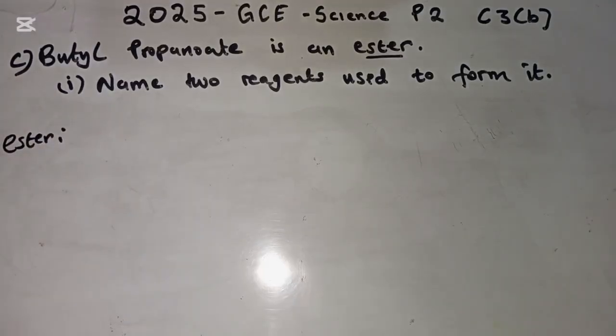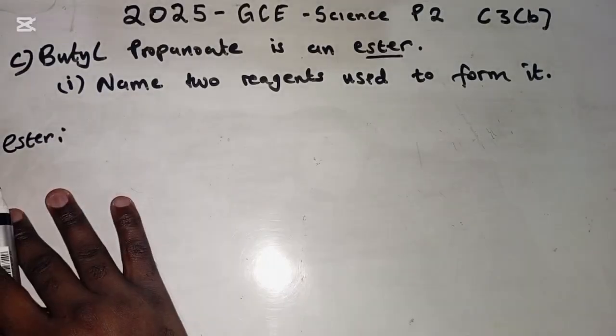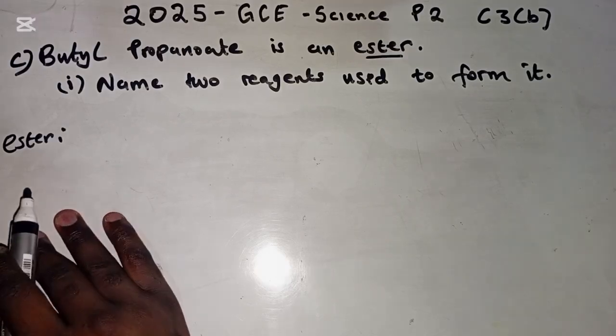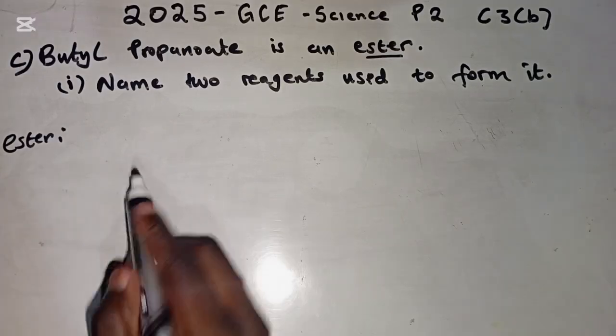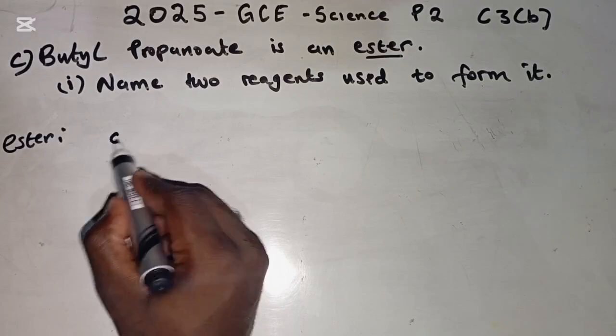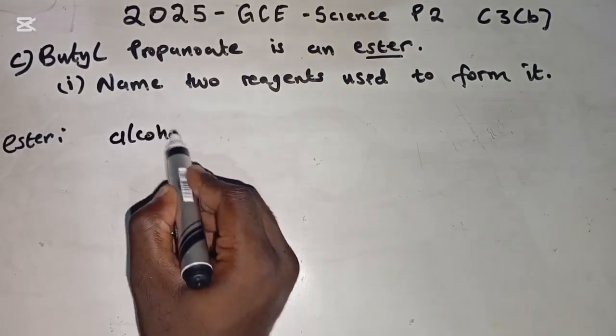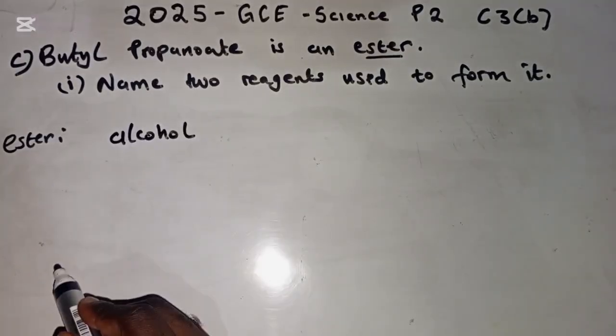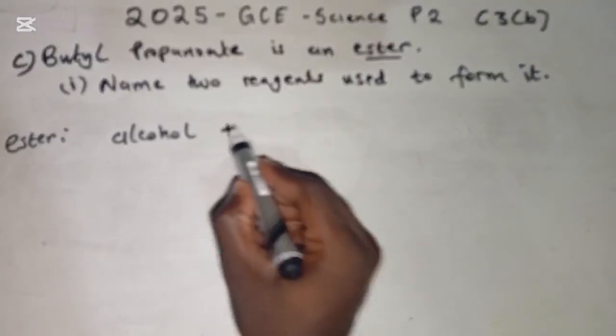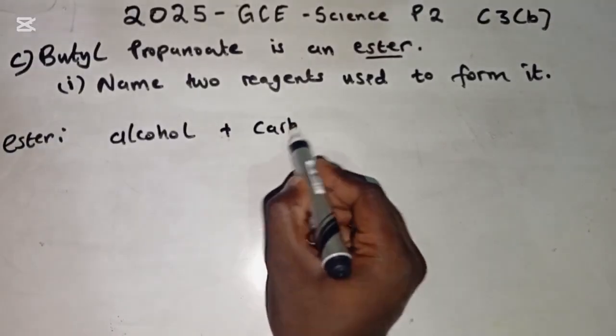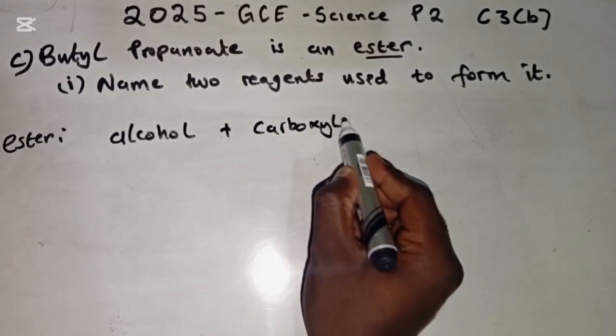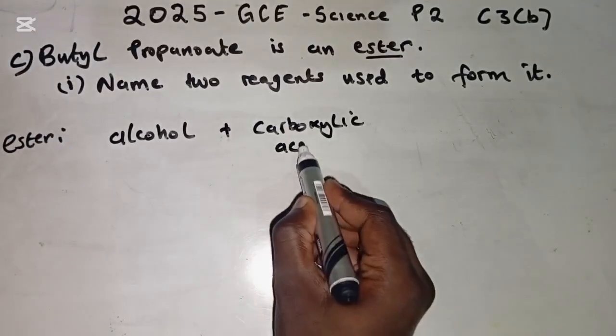An ester is an organic compound that is formed when you react an alcohol plus a carboxylic acid.